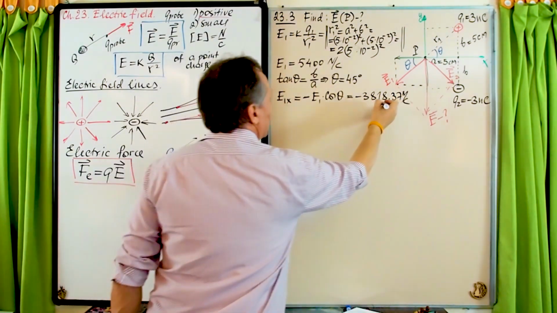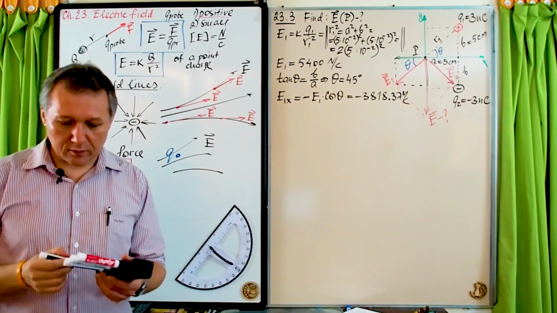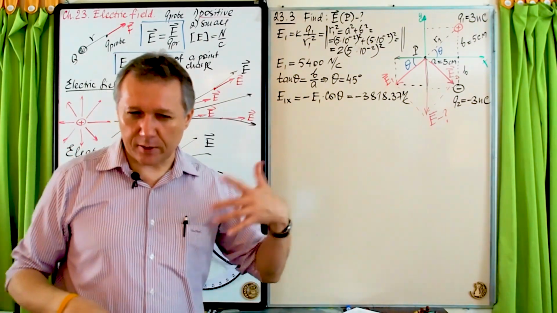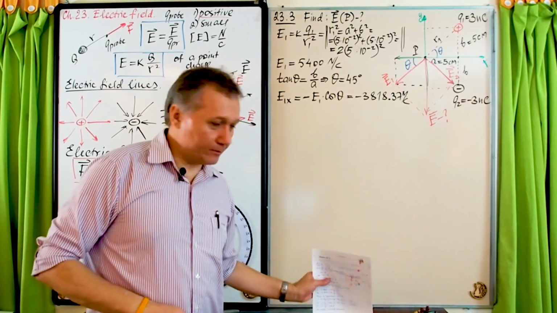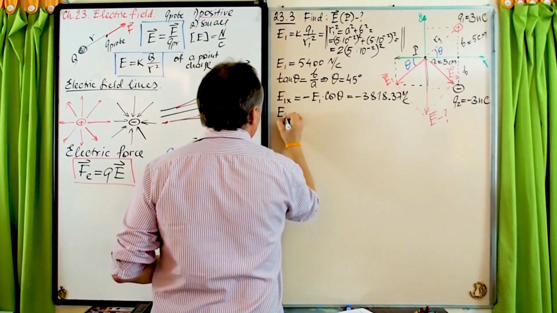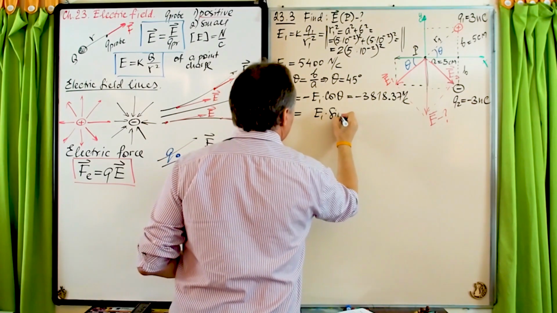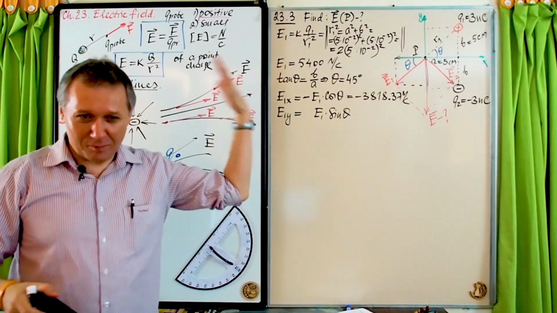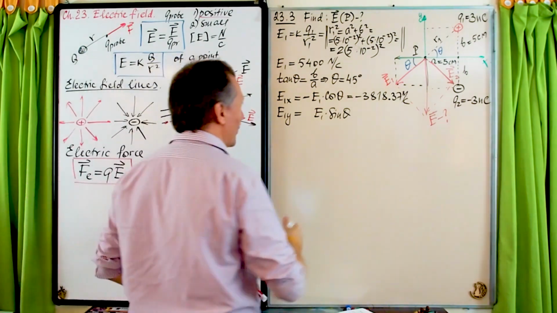right? We can round them off at the end. But in preliminary steps, it's better to keep more sig figs, right? And of course, E1y will be E1 times sine theta. If we used cosine theta in that case, in this case there must be sine, because now we're finding the opposite side.